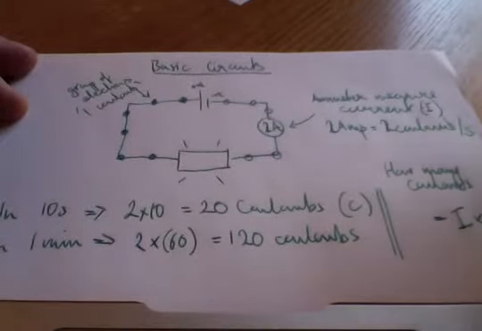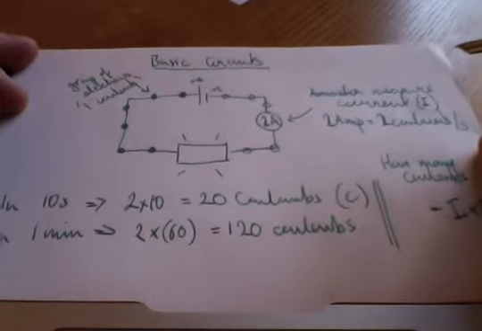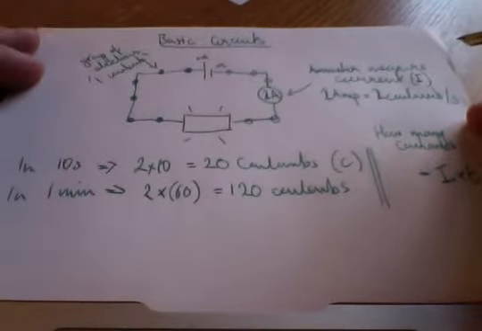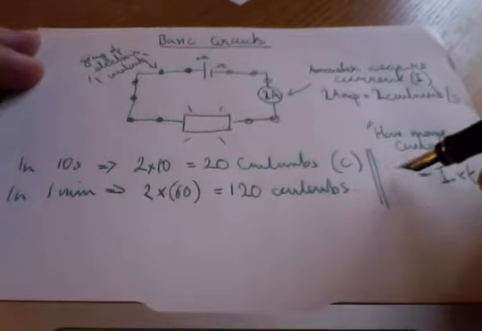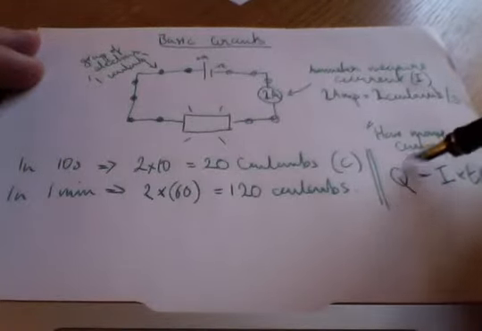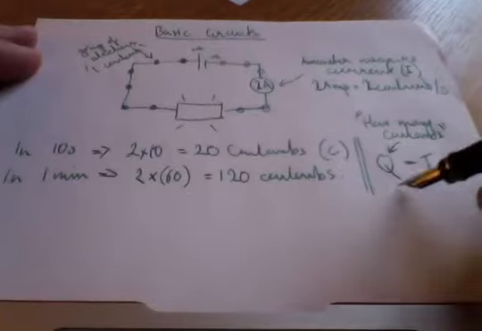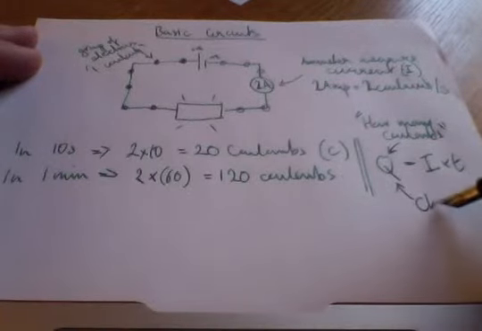The letter for current is I. It is measured in amps. And when I say how many coulombs, another word for that is the charge. So how many coulombs is the same thing as calling the charge of the circuit.